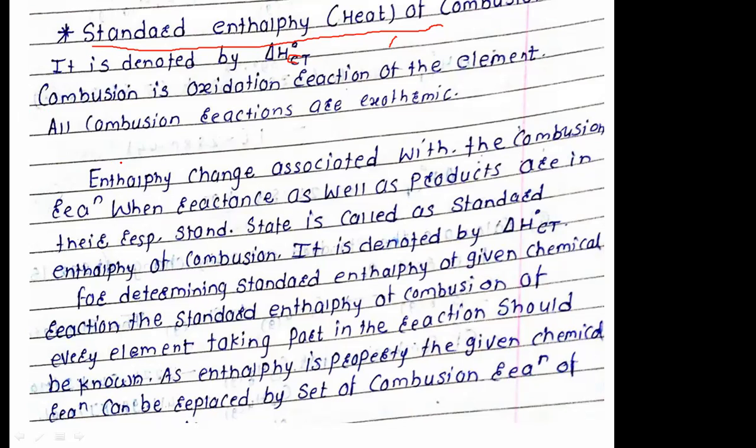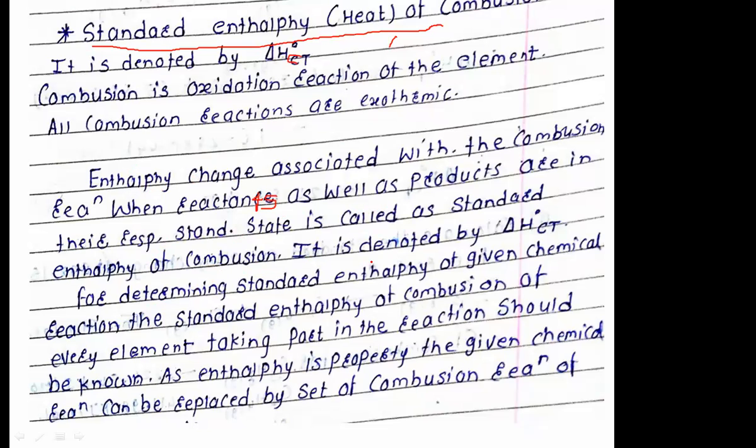So the definition is: enthalpy change associated with the combustion reaction when the reactants, spelling is wrong, reactants, as well as the products are in their respective standard state is called the standard enthalpy of combustion.